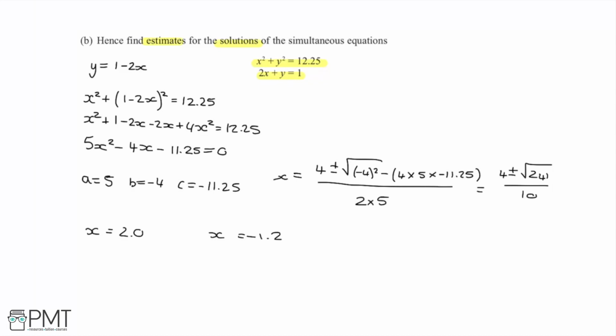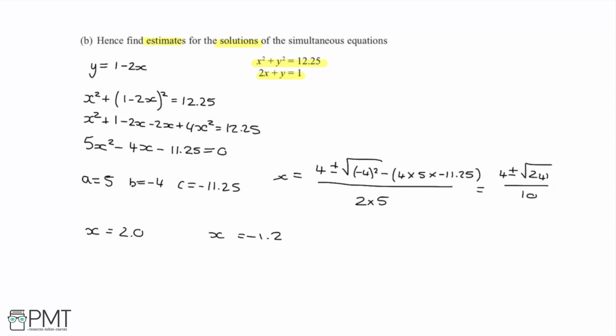Now, in order to find the corresponding y values, I can go back to this rearrangement that I had here. So to find the y value corresponding to each x value, I take 1 and then I subtract 2 lots of the x value, making sure to use this form of the x value, not the rounded form, to ensure that my answer is going to be accurate.